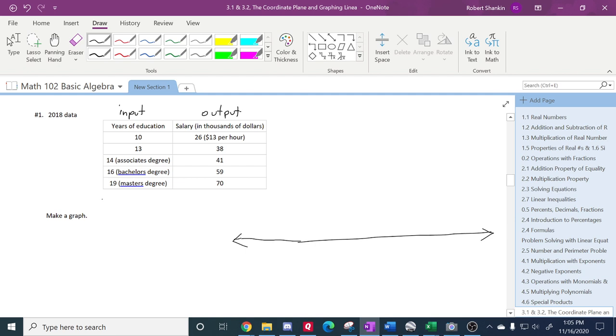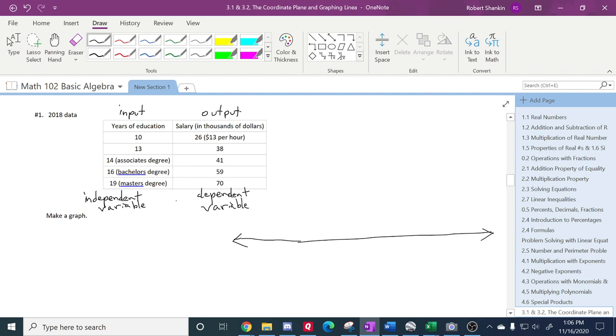We also call this the independent variable, the one on the left, and we tend to think of this one as the dependent variable, the one on the right.